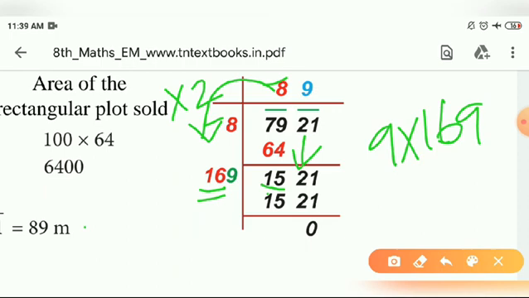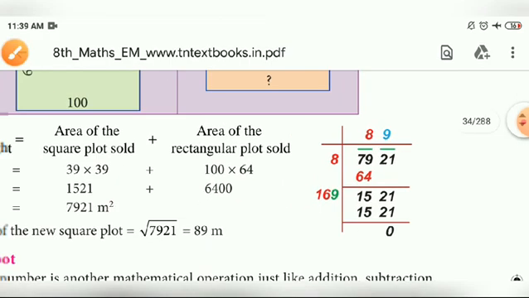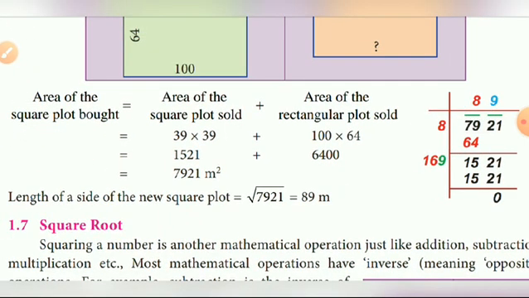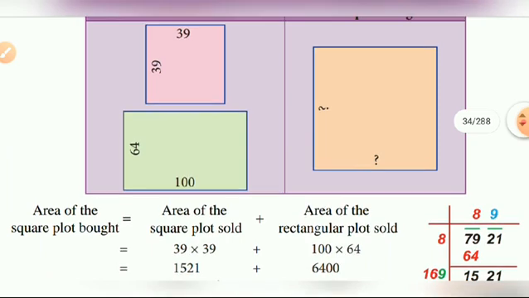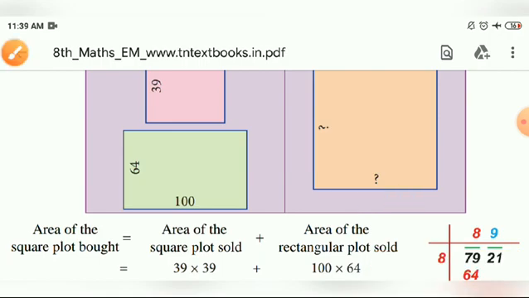So the square root of 7921 is 89. So the length of the side of the new square plot is 89 meter. Do you understand that question?